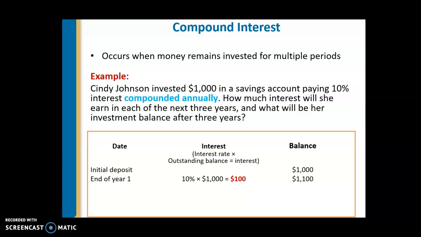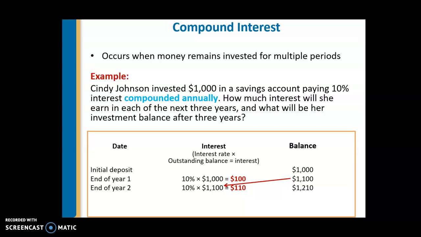When we are working with compound interest, the interest in year 2 is calculated not on the initial $1,000 investment, but on the $1,100, consisting of the $1,000 plus the $100 we earned during year 1.